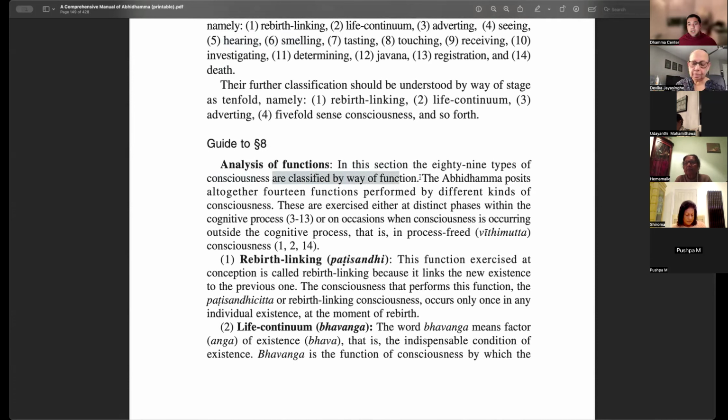The Abhidhamma posits altogether 14 functions performed by the different kinds of consciousness. These are exercised either at the distinct phases within the cognitive process or on occasions when the consciousness is occurring outside the cognitive process, that is viti mutta, right?